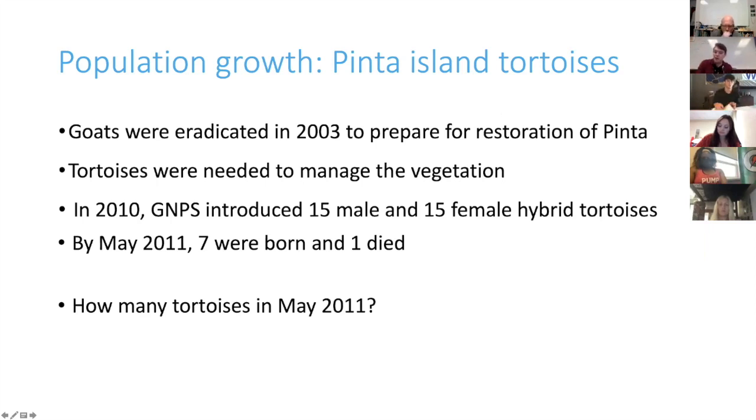They grew and had no herbivores controlling their populations. So there's plenty of food and resources for the tortoises. And they introduced, for this example, we'll say they introduced 15 male and 15 female tortoises to sort of restore the Pinta Island population with a close approximation of what was there when Darwin visited so many years ago.